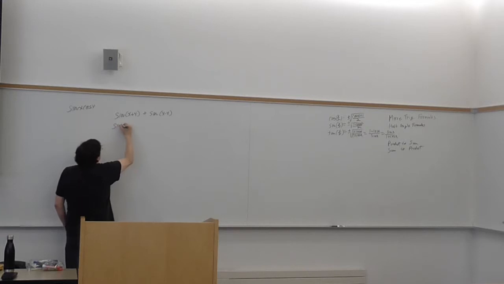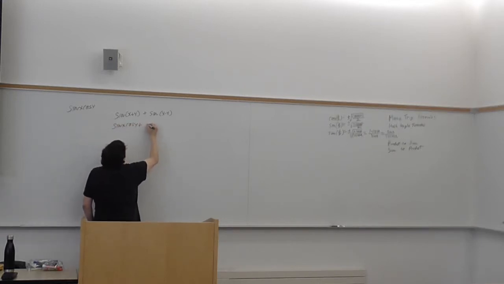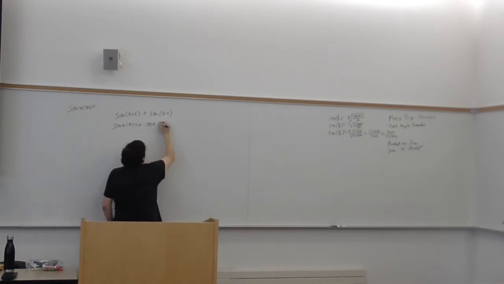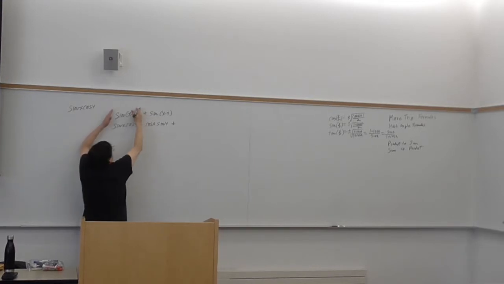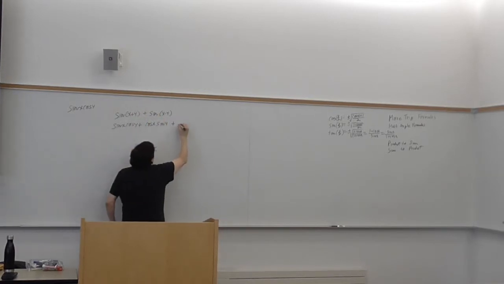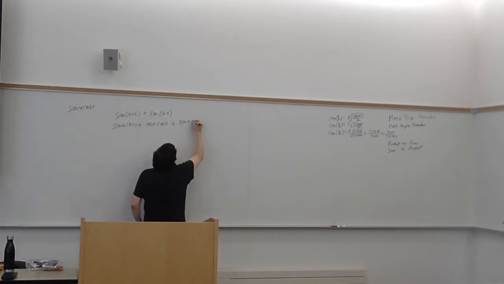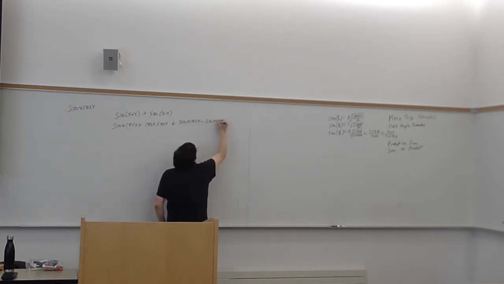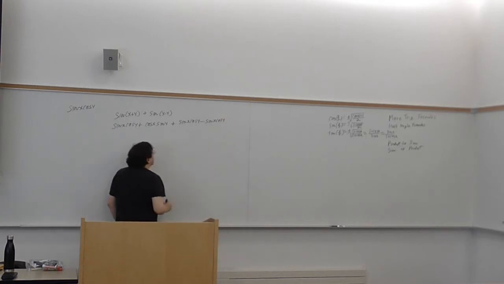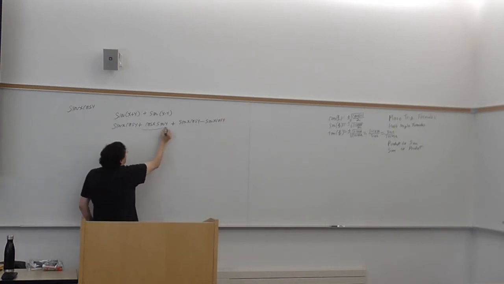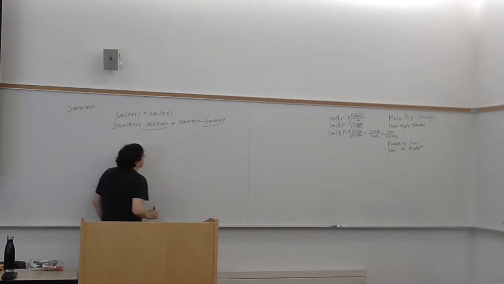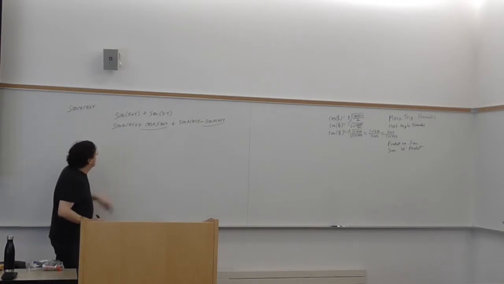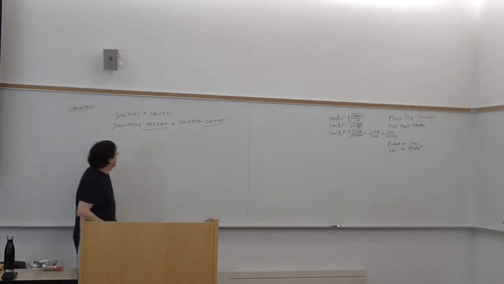We know this is sine x cosine y plus cosine x sine y. That's the first part here. And the second part is sine x cosine y minus cosine x sine y. We can see that these two terms are going to drop out. And these two terms are the same.